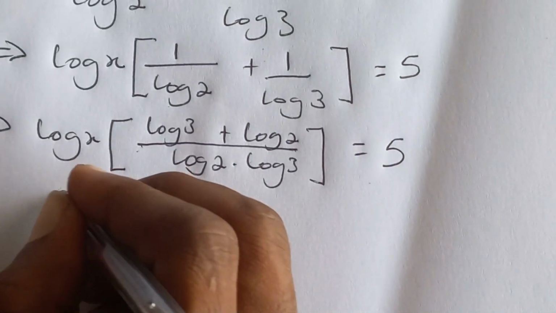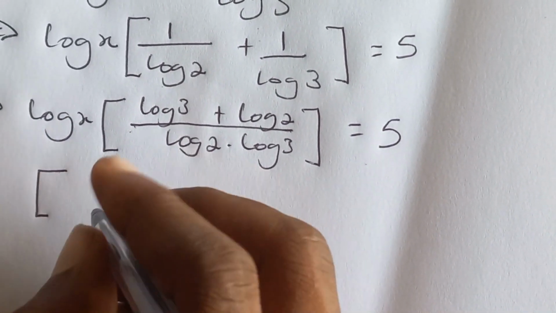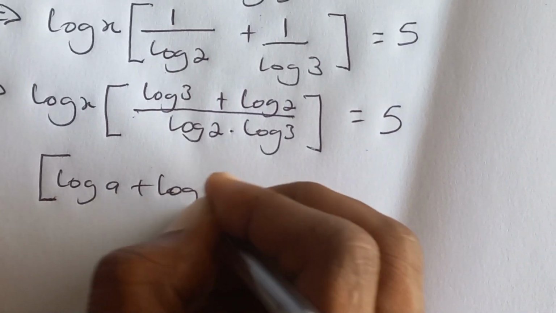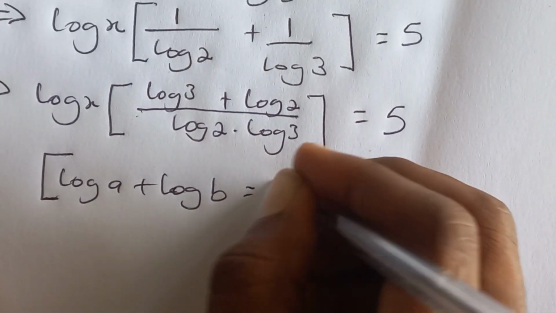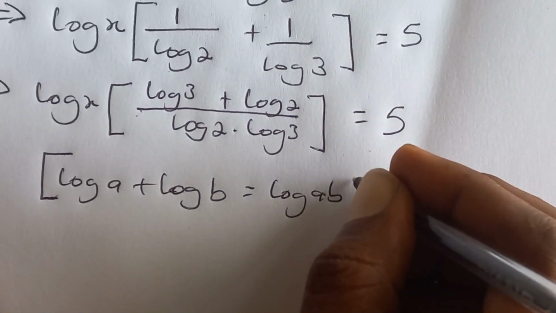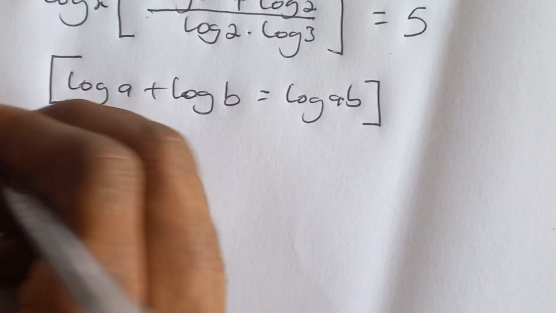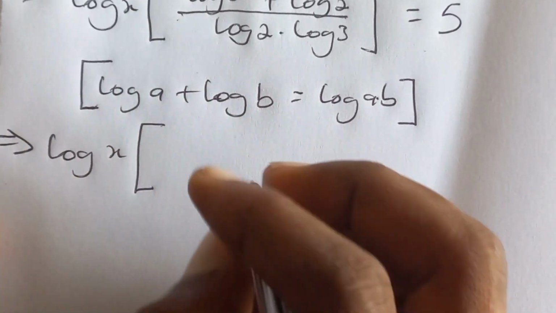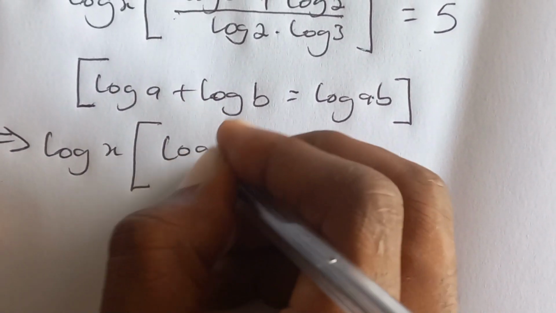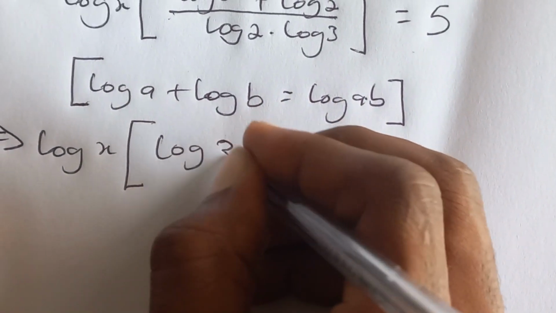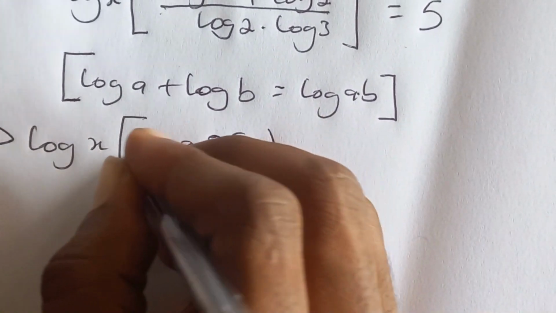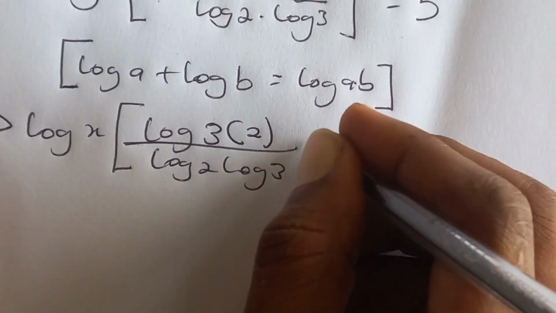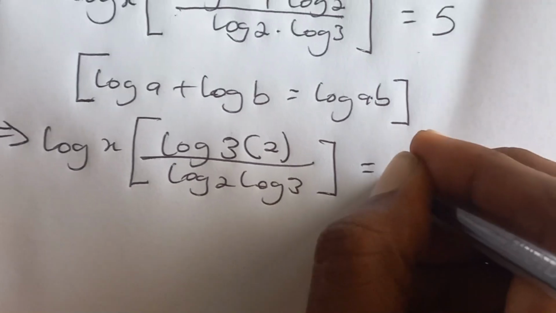But don't forget that we also have this rule that log a plus log b is equal to log ab. So our expression becomes log x bracket log 3 plus log 2, all on log 2 log 3, is equal to 5.